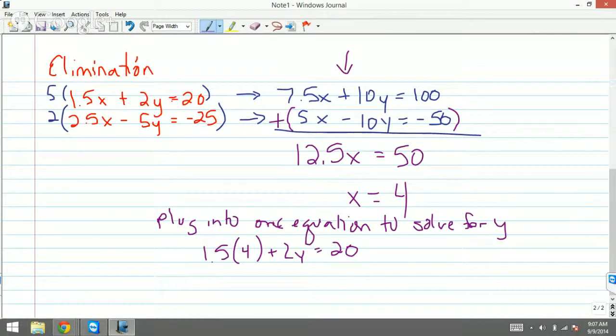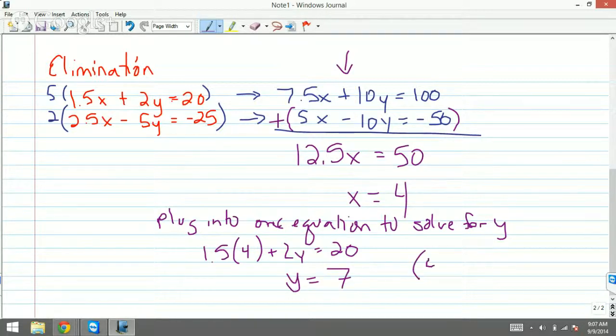Somebody's wrong. Uh-oh. Well, let's see what the judge says. 7. 7? 1.5 times 4 is 6. Minus 6, 14 divided by 2 is 7.